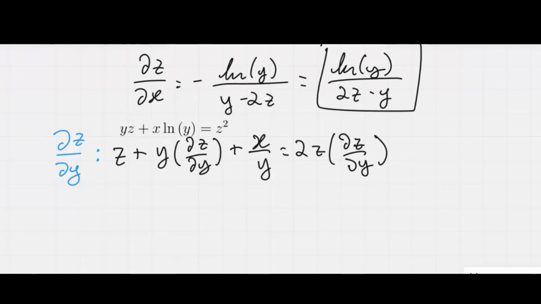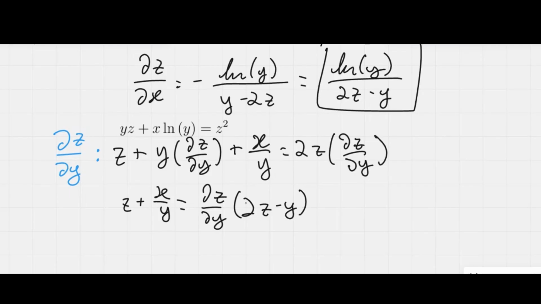We can solve for del z over del y. Again, we're moving all the del z over del y terms onto one side, and all the other terms to the other side. In this case, let me keep all the non-del z over del y terms on the left side. So we have z plus x over y on one side, and I'm going to quickly simplify over here, we have del z over del y multiplied by 2z minus y on the other side.